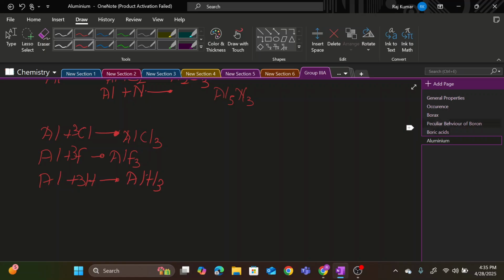And then another important thing is about its uses.